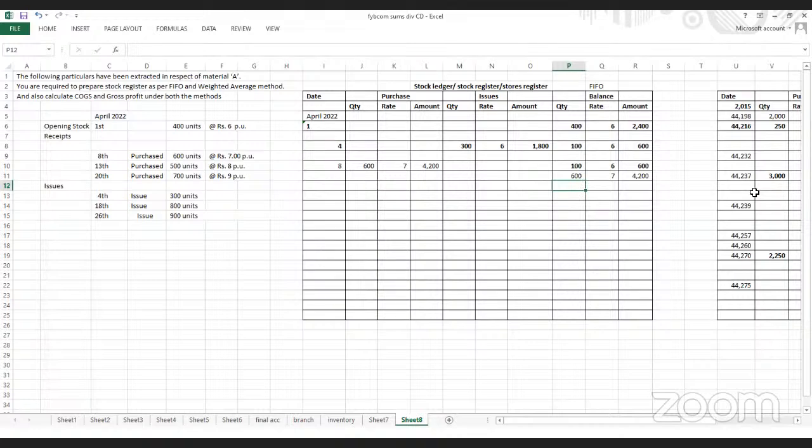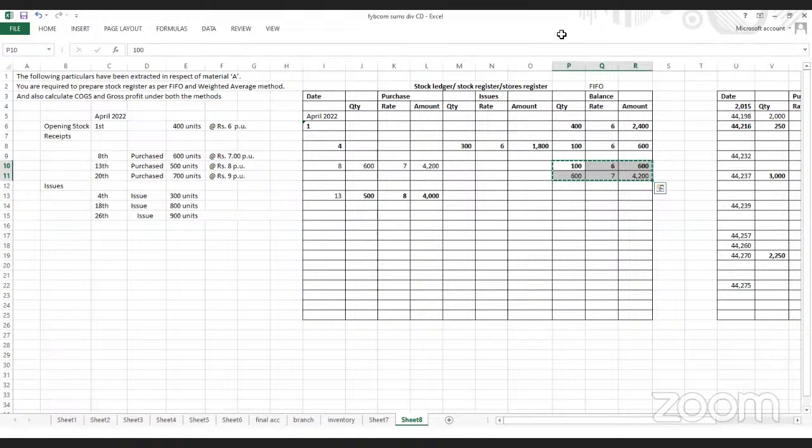Next date is 13th. Again purchase is there. I'll go to date column. I'll put date 13. In quantity, 500 units are purchased. Rate is 8 per unit. So amount will be 500 into 8, 4,000. Now while writing balance, first I'll carry forward the old lots. I have 2 lots here. One is 100, second is 600, and their rates are different.